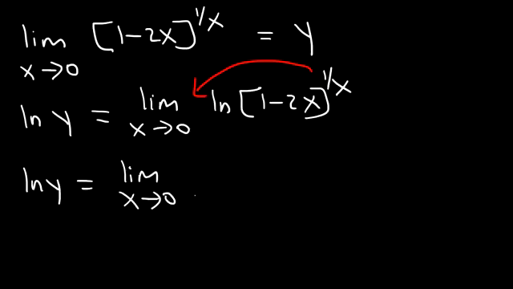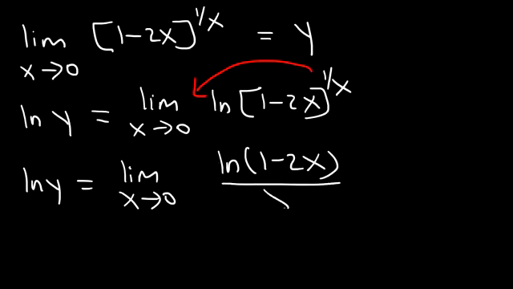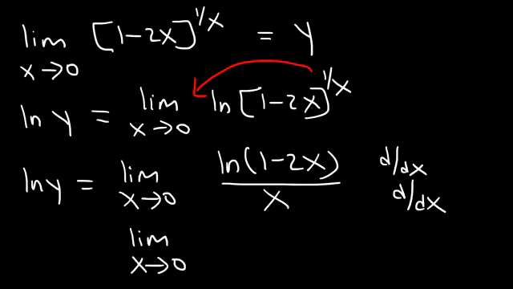And so I can write this as a fraction. So I have ln of 1 minus 2x, and instead of multiplying by 1 over x, it's ln of 1 minus 2x divided by x. Now let's use L'Hopital's rule. Now what is the derivative of ln of 1 minus 2x? To differentiate natural log of u, it's going to be u prime divided by u.